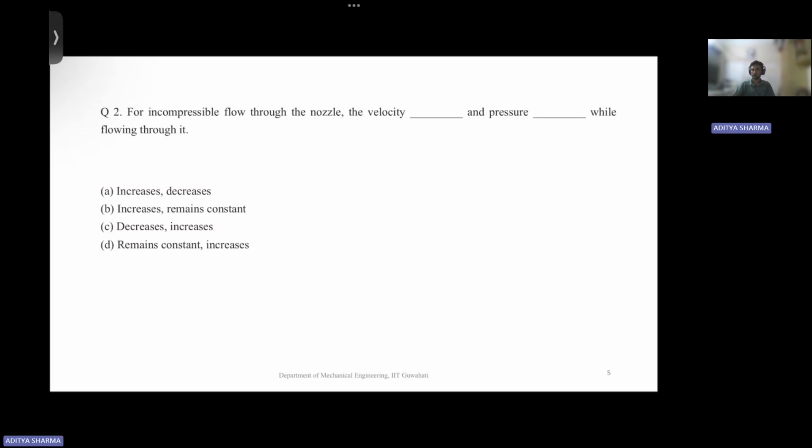Okay, so the second question we have. Let's read this question. It says that for incompressible flow through the nozzle, the velocity dash and the pressure dash while flowing through it.